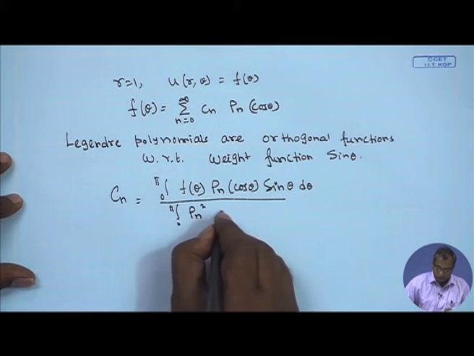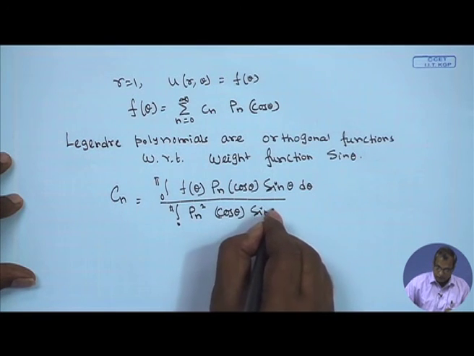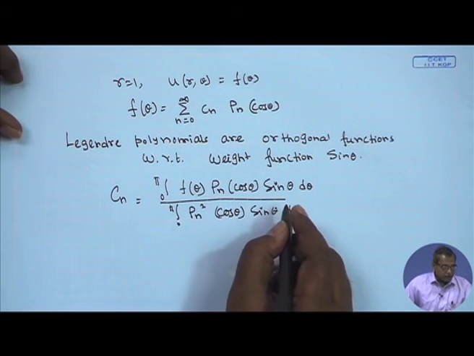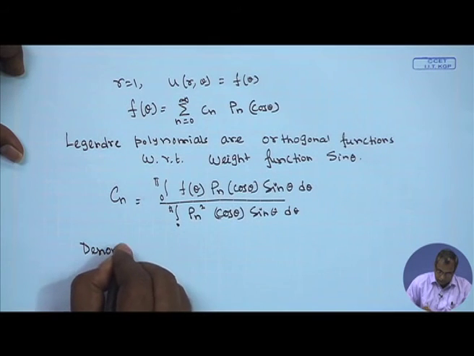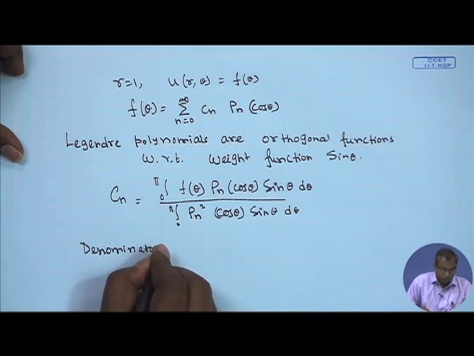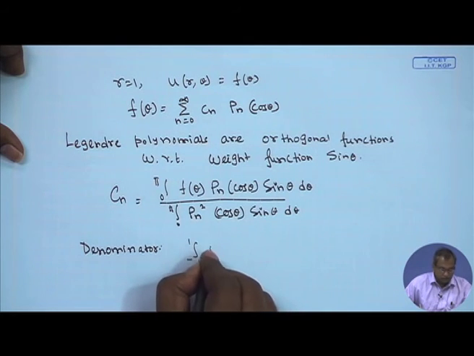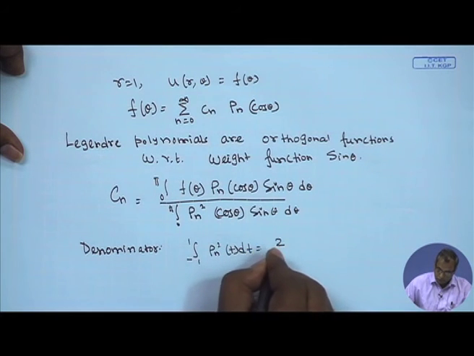P n square cosine theta sin theta d theta. And it can be shown that the denominator is nothing but the integral from -1 to +1 of P n square t dt, and this will be 2 divided by 2n plus 1.